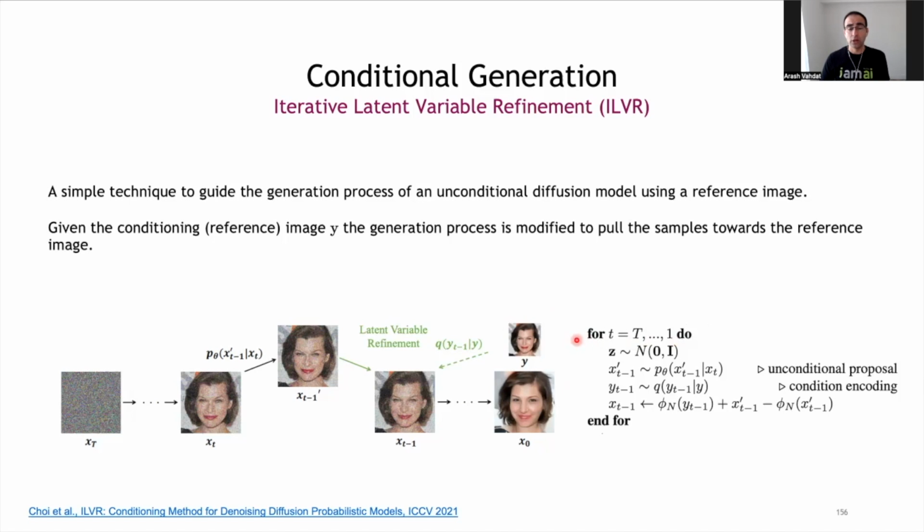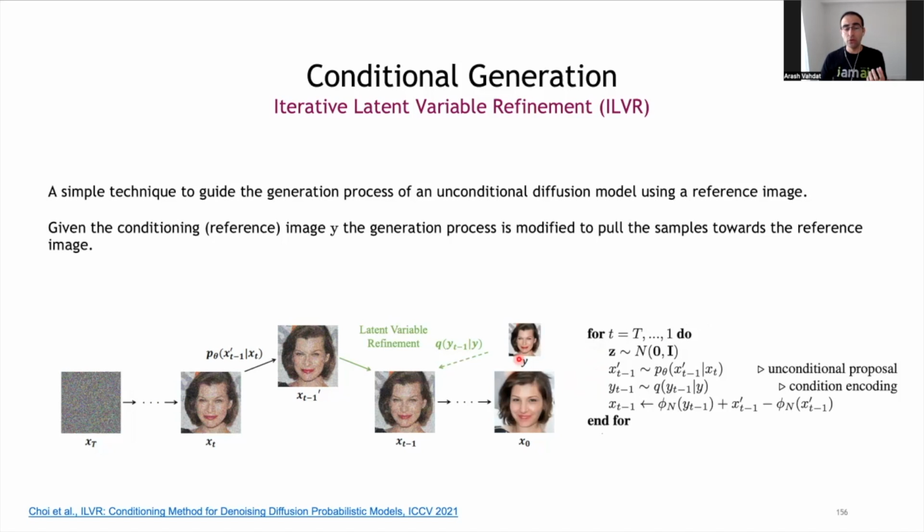The algorithm starts from capital T and goes to 1. So this is the reverse denoising process. At every step, we draw a random noise vector from the standard normal distribution. We sample from the reverse denoising distribution, so we generate this proposal. Let's call it x prime t minus 1, the proposed denoised sample drawn from the denoising model. y here represents the reference image.